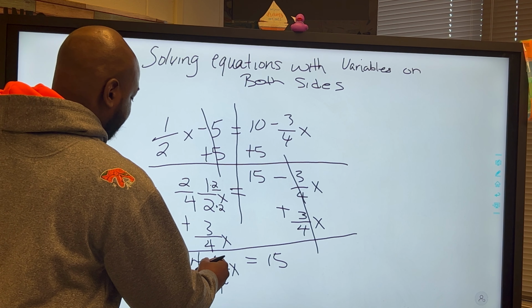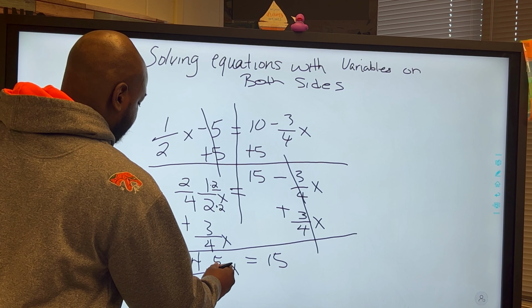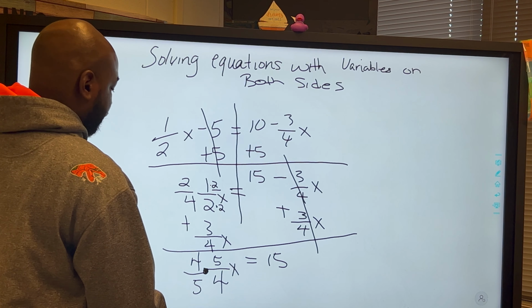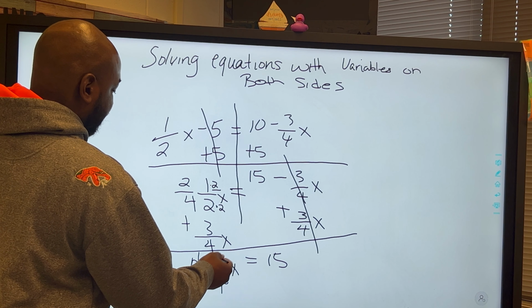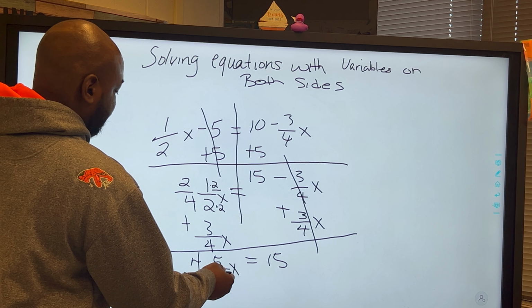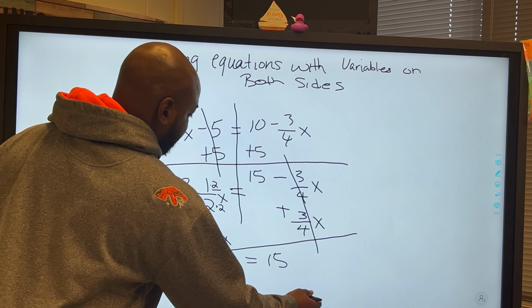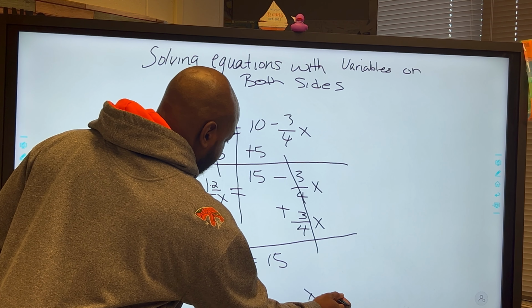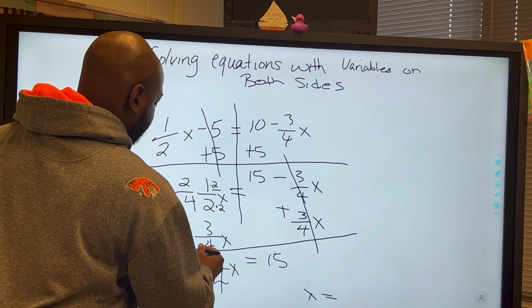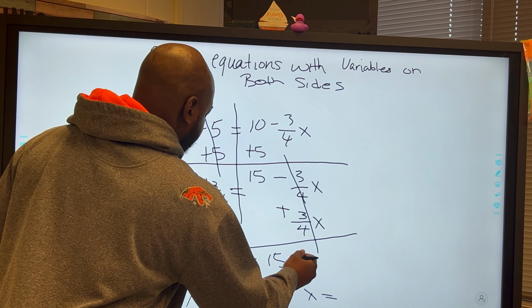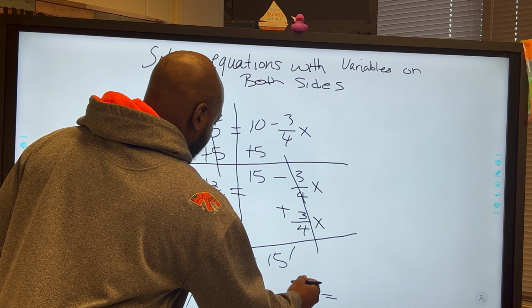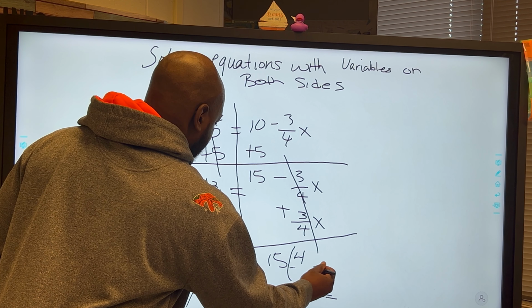So I'm going to multiply 4/5 on this side. 4 divided by 4, 5 divided by 5. This side is just canceling out, and it's going to leave me with my x. Okay, so that canceled. And now I'm going to multiply 4/5 on the opposite side.